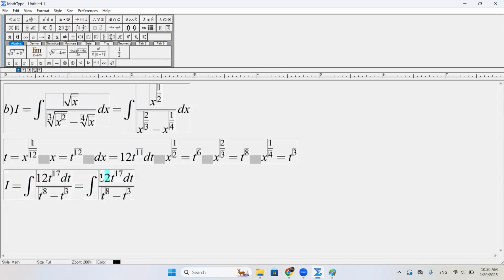Okay, so let's move 12 out of the integral. So here we will have 1, here t in power of 5, and here 14. And what can we simplify? Actually, nothing.